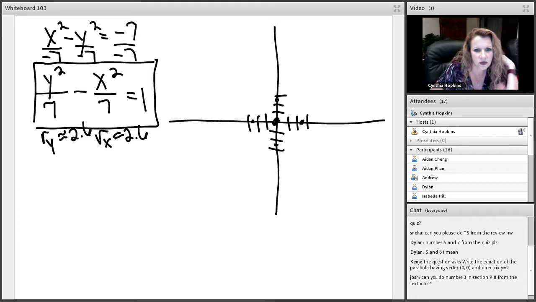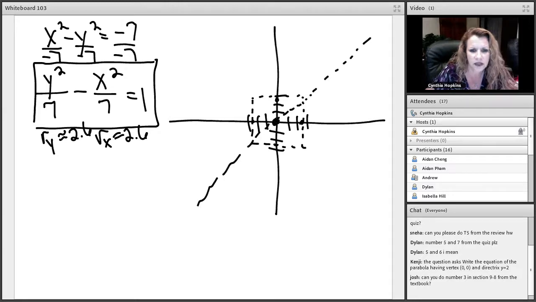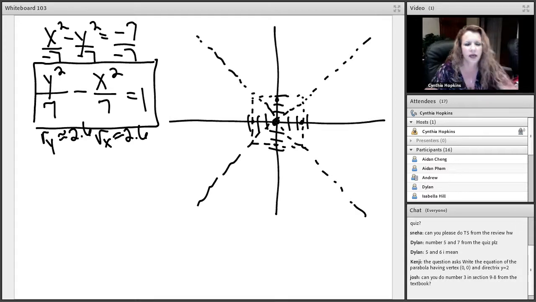Okay, that is going to give me my fundamental rectangle. So I'm making this dashed square. And then my asymptotes are going to be the diagonals of the square extended. And by the way, that's typically going to be a rectangle, but because my x and y radii were the same, that's why it's a square instead.